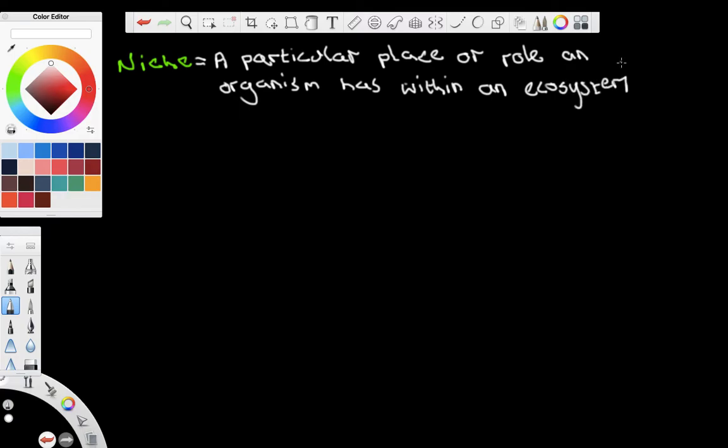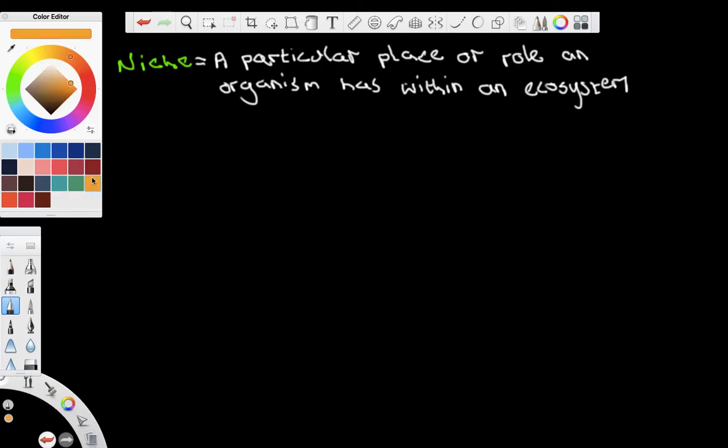Okay, so for example, a tree or a plant, a producer, captures sunlight from the sun and turns it into chemical energy. That is its niche.